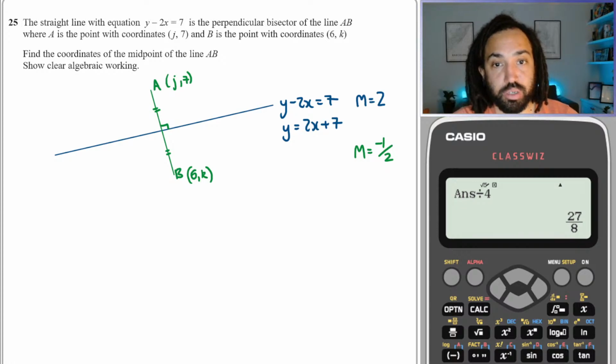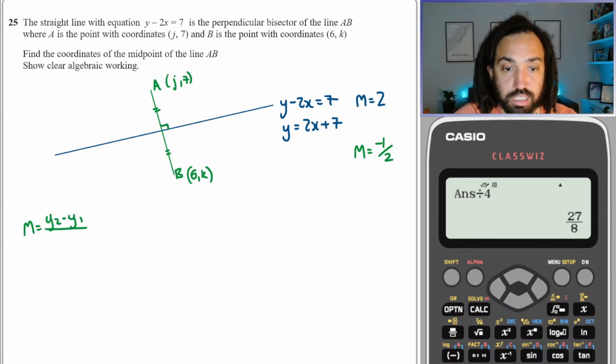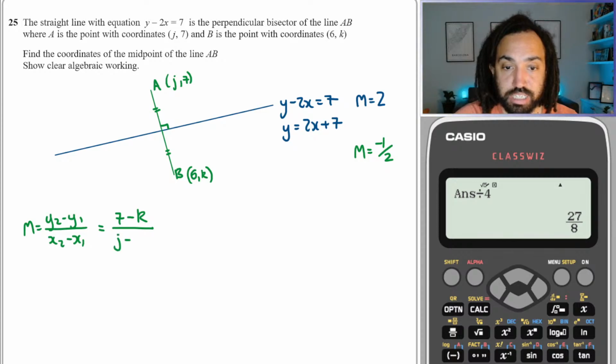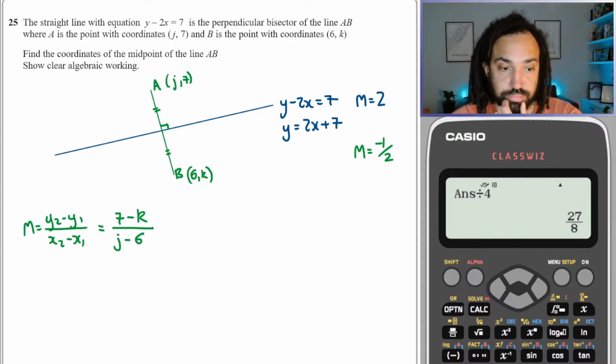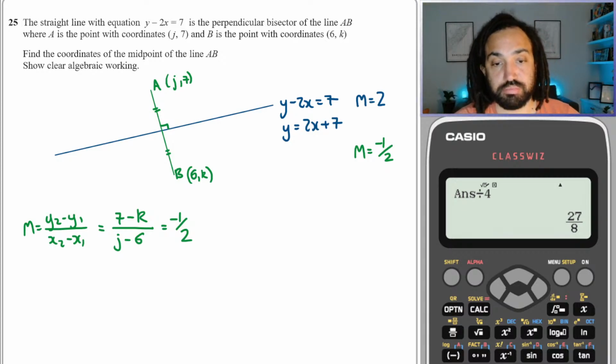Well, it means we can form an equation then, because we could work out the gradient of the green line by doing the formula that the gradient is equal to y2 minus y1 over x2 minus x1. So we could do 7 minus k over j minus 6. And we know that that's equal to minus a half, because we've said that the gradient of the green line is equal to minus a half.